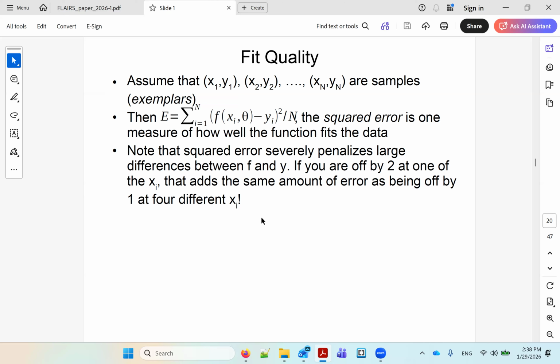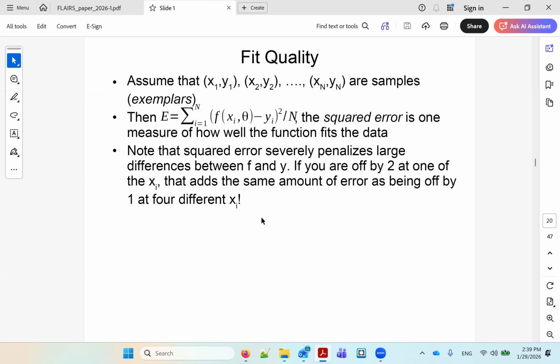So one way to think about what the squared error does is it's an error measure that really hates to have even one or two places in your function where it's far off from your training data. So this is my function that I fit.